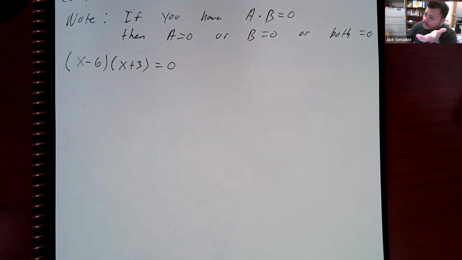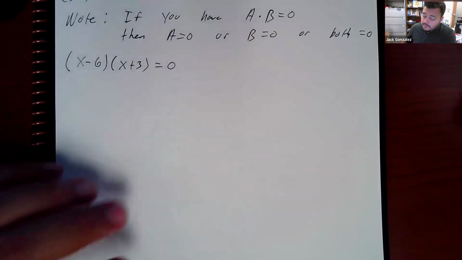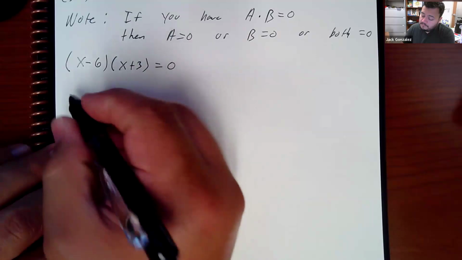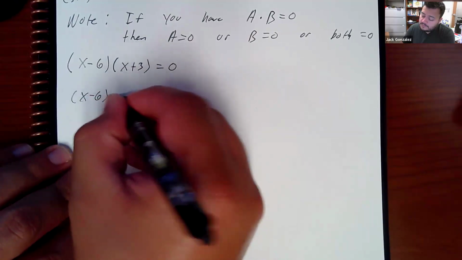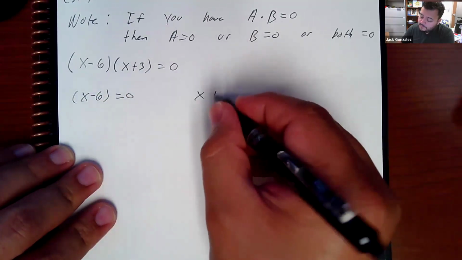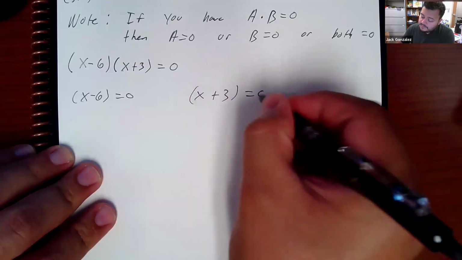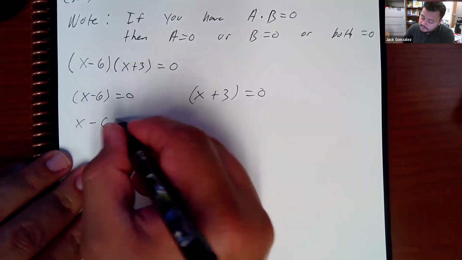So notice how here they're factored. So if they're factored already, then set each one to 0 and just solve. You don't have to put the parentheses, just solve for x, right?